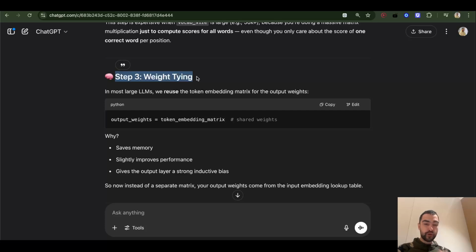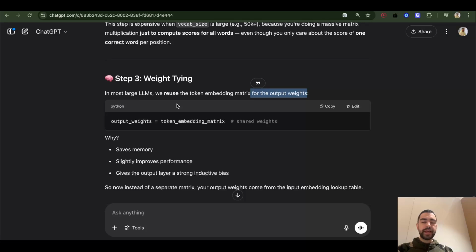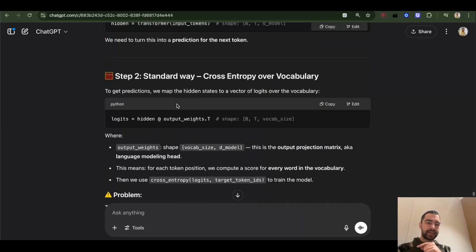Now, this is also another trick, weight tying. In most large LLMs, we reuse the token embedding matrix for the output weights. In the beginning of LLM training, you map each token to a vector embedding. Actually, you can use that same vector embedding as the output weights.